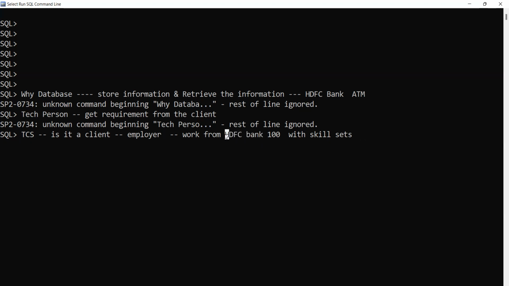If HDFC Bank is having their data stored in an Oracle database, they need somebody who has knowledge of Oracle. Now HDFC Bank can directly recruit, but they don't have IT expertise. They are into banking. They know how banking works, what the rules and regulations are.